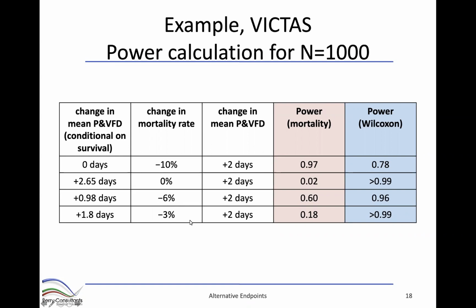So you can see the choice really amounts to, if you think the entirety of the effect is in mortality, then of course you want to just analyze mortality. But if you think you have an effect in both of these, so I change mortality by something and I change survivors by something, then I want to incorporate both of those pieces of information, and I get much higher power from doing this kind of rank composite.